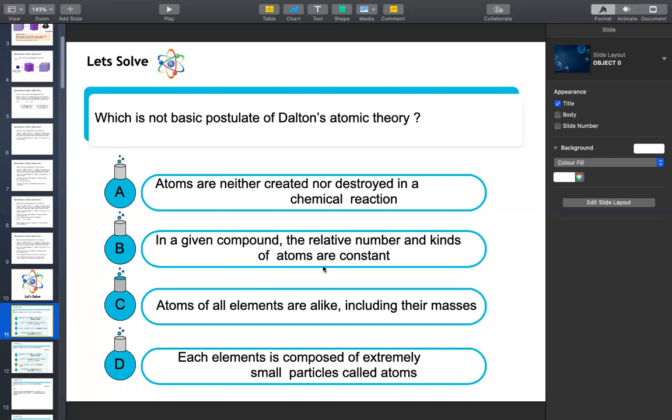Kind of atom means that in H2O all will have the same type of hydrogen. Wherever you go, hydrogen will remain the same. But that is not true always. The ratio thing is true. Understood?